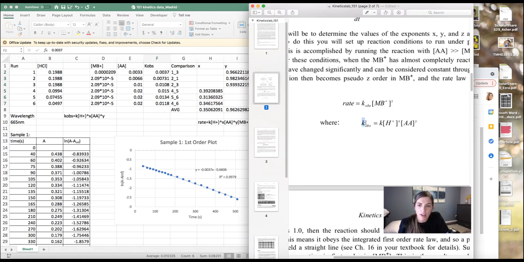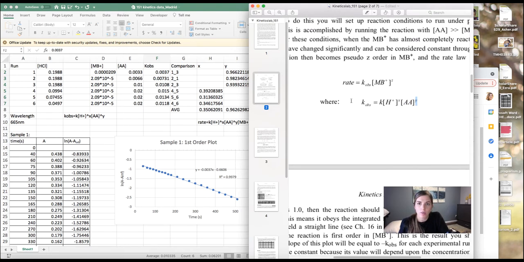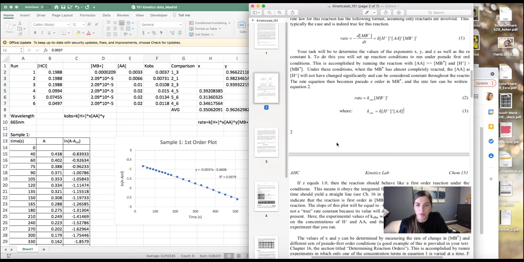Where K observed is equal to the actual rate constant times the concentration of H plus, which would be HCl in this instance, to the X, so we don't know what the order of HCl is, times the concentration of ascorbic acid to the Y. So we're trying to solve for our X and Y here in number 3.